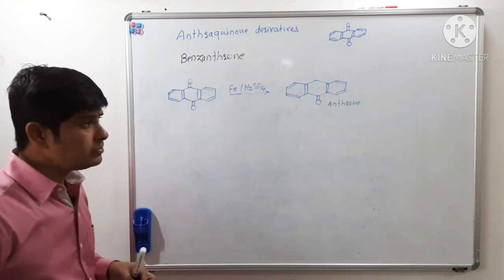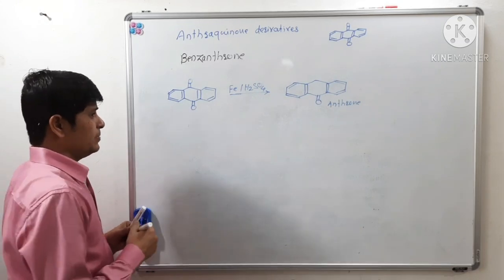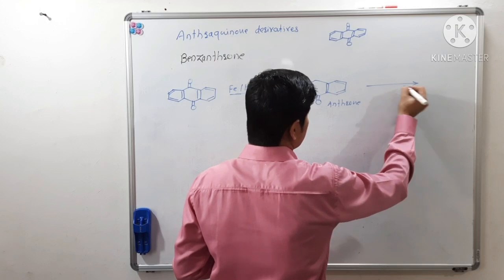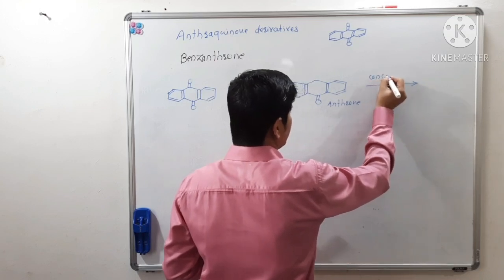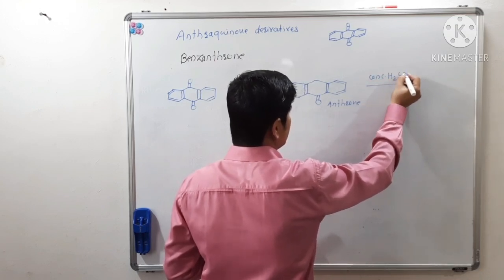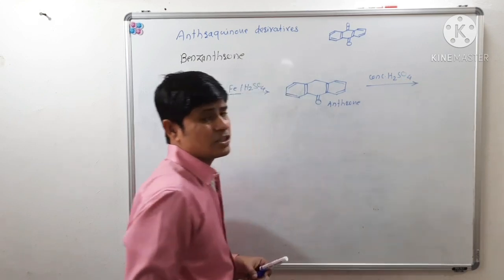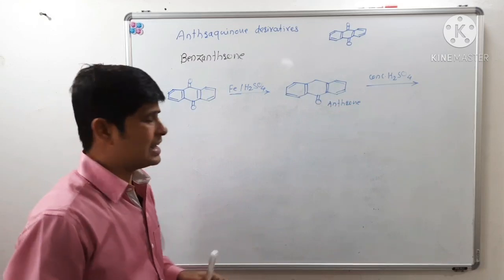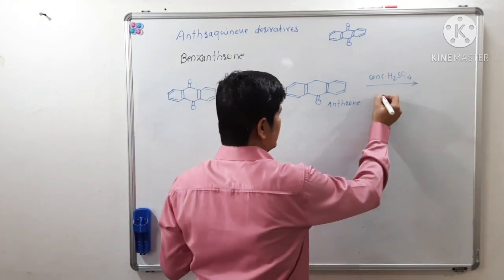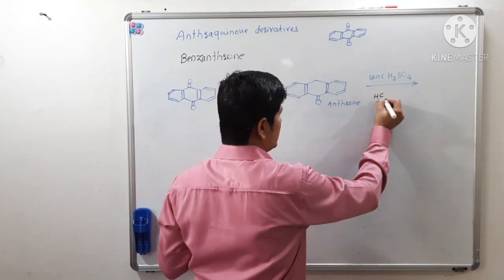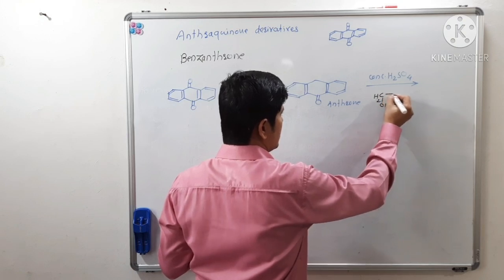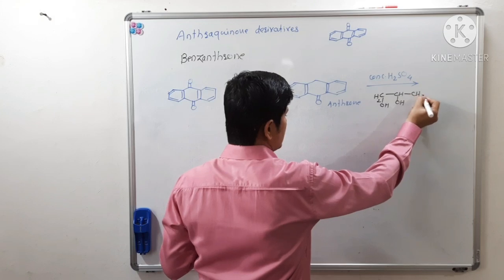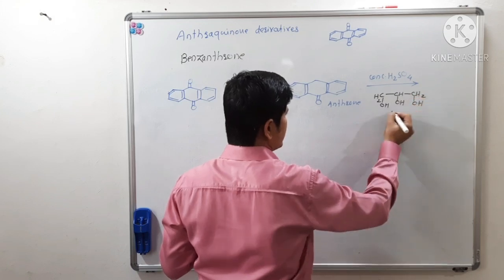Now in the next step we have to react this anthrone with concentrated H2SO4 and glycerol. This is the structure of glycerol.